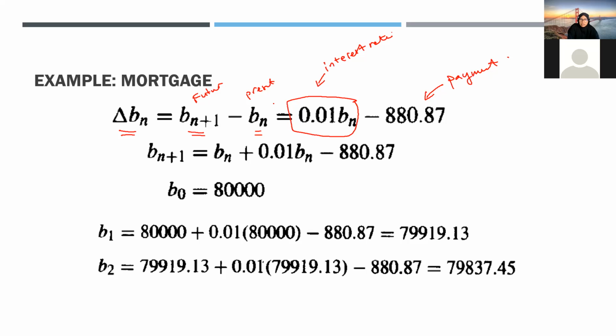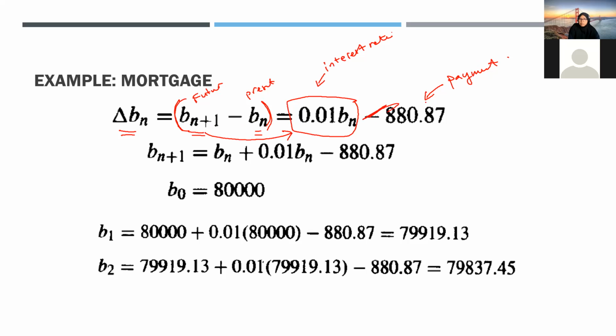Yang ni apa dia? Yang ni this is not the same thing. Yang kalau awak tengok dekat equation ni, yang ni bukan bermaksud yang ni tau. It doesn't mean like that. The whole thing right here means this.